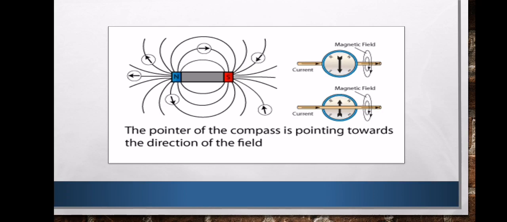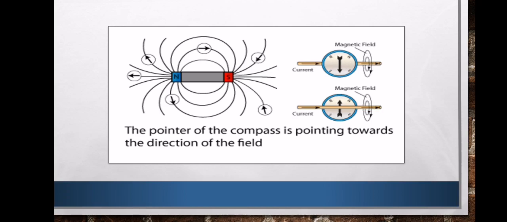The movement, the rotation of the needle of the compass, that is how we are going to identify the magnitude of the magnetic field. Now, torque refers to the strength of the rotation of the needle of the compass. The greater the torque, the greater the magnetic field.